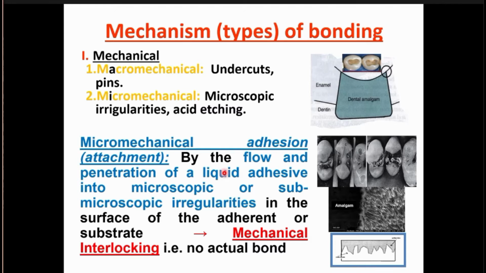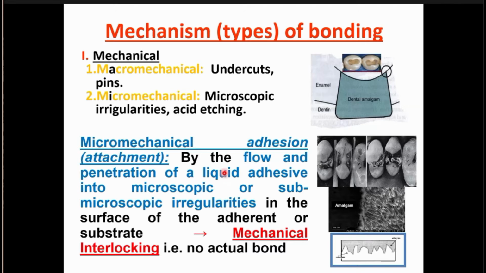In mechanical, we have two subtypes, macromechanical and micromechanical. As it is clear from the name, macromechanical, which we can see with our eyes, while the micromechanical we cannot see with our eyes.